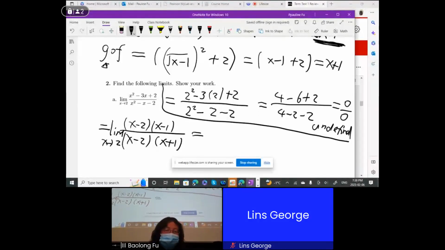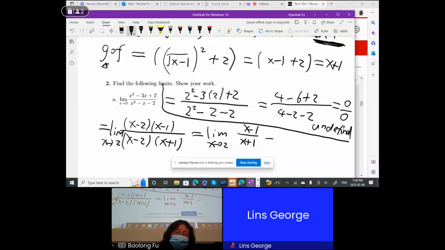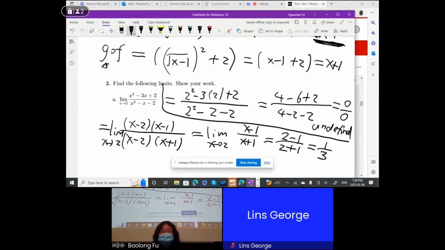And then you notice the x minus 2 cancels with x minus 2. On top, you have x minus 1, bottom x plus 1. Now you plug in x equal to 2. And this is the final result, 1 over 3.